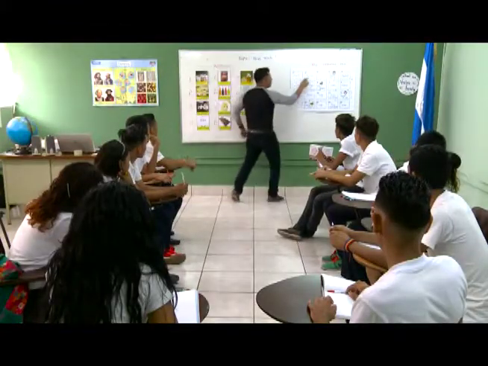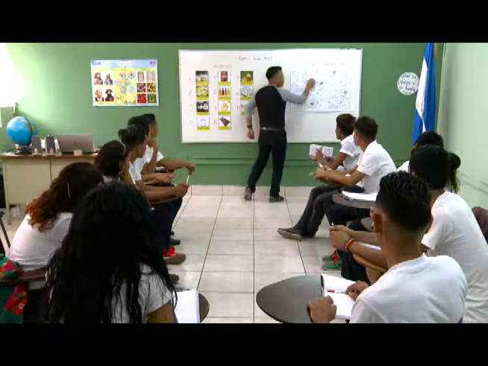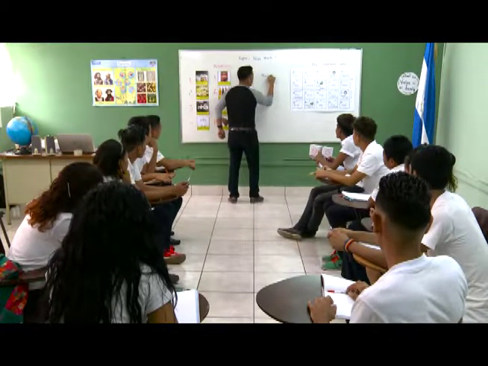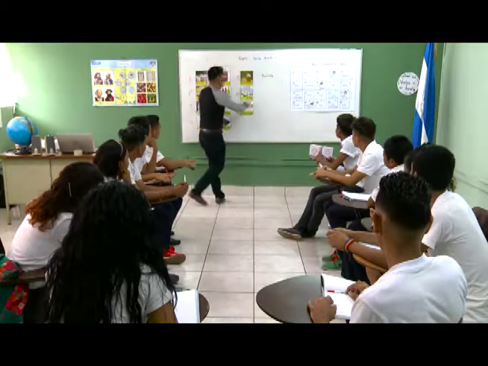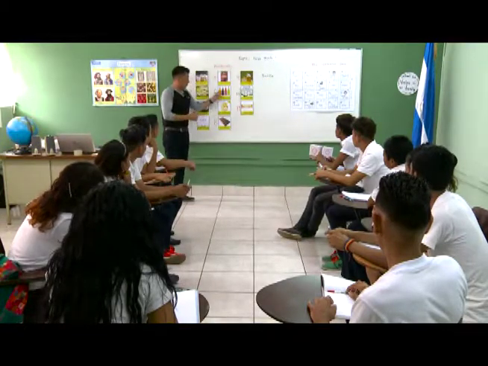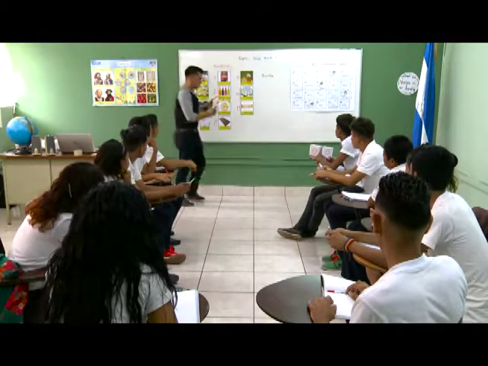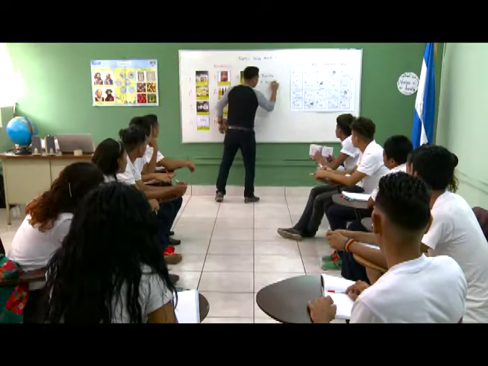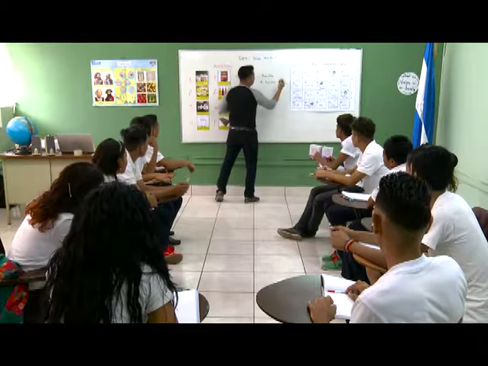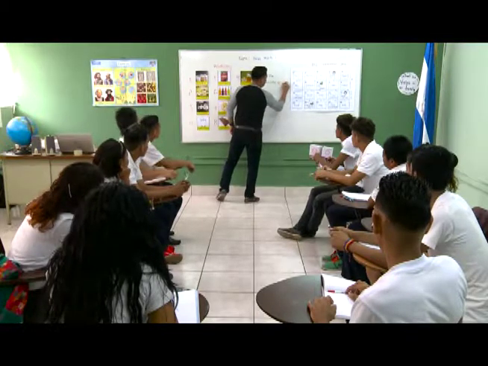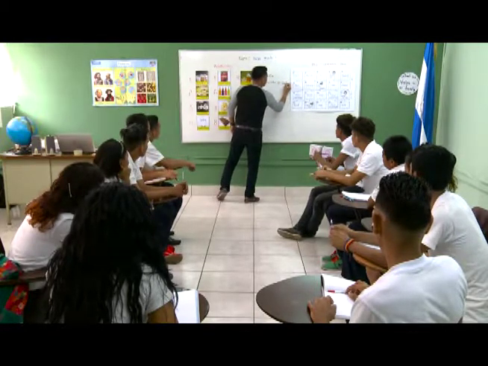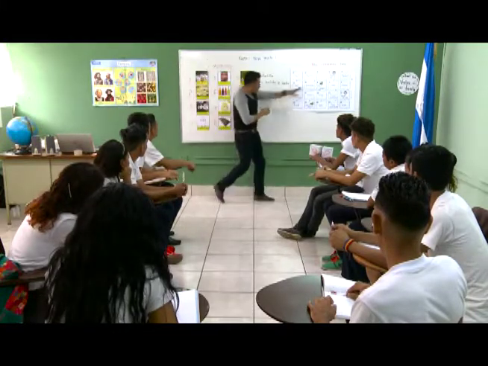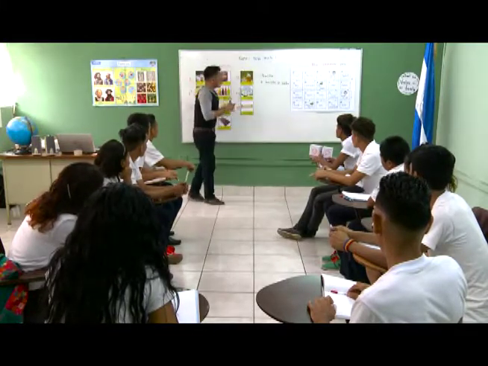Once you're on number 2, you have the word bottle. So you can say a bottle of water. Okay, this is an example. Once you have bottle, you have to say a bottle of water.